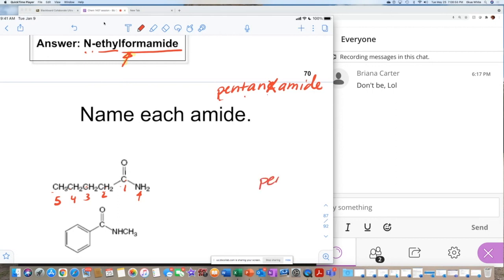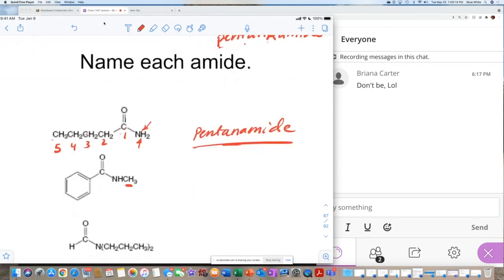The longest chain will be pentanamide, and I don't have any side groups here. Pentanamide. This next one here, I do have a side group.